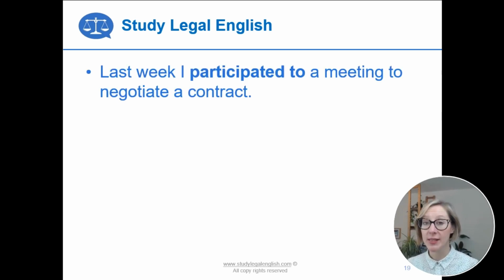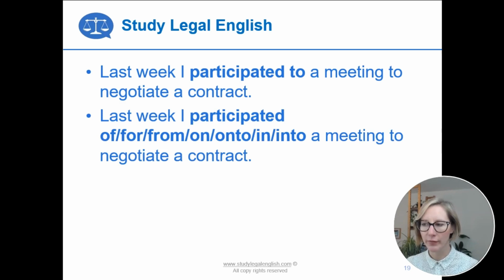The next common mistake. This is super common. I very often hear students saying this incorrectly. Last week, I participated to a meeting to negotiate a contract. To participate to something is a mistake. Let's see if you can correct it.